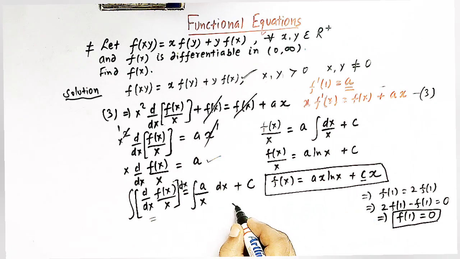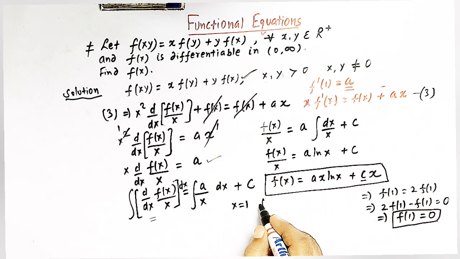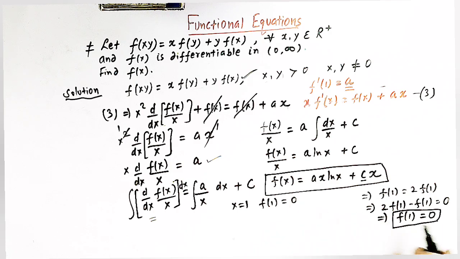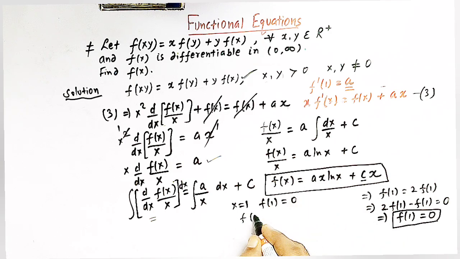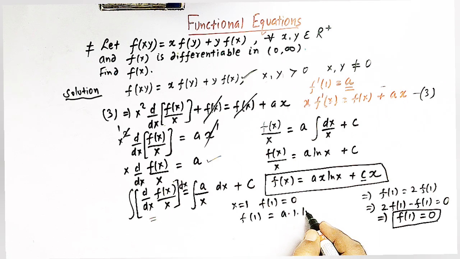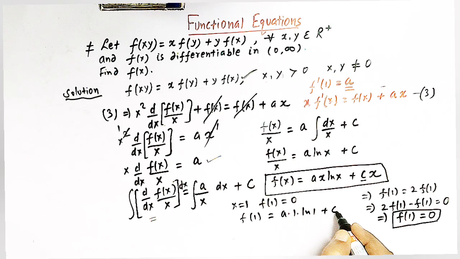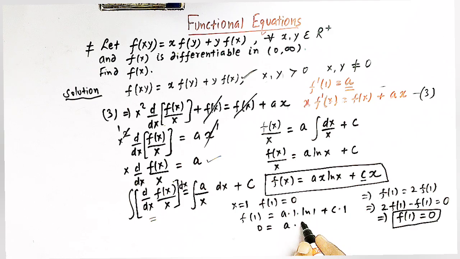So now taking x is equal to 1 and f of 1 is equal to 0, in this equation we have f of 1, then we have a times 1, and this is log of 1, and here we have c times 1, right? Now f of 1 is 0, and here we have a, and log of 1 is 0, and here we have c, so this is simply c.